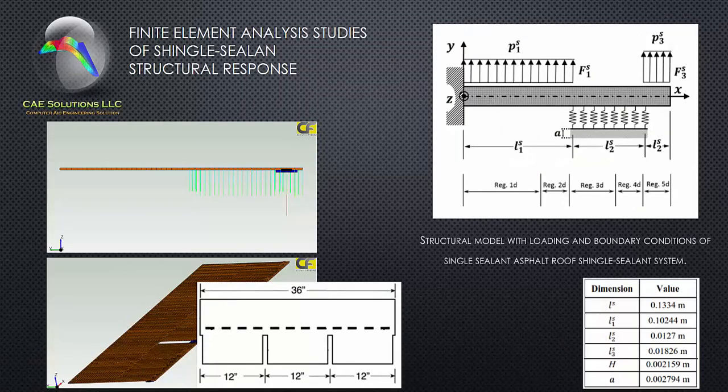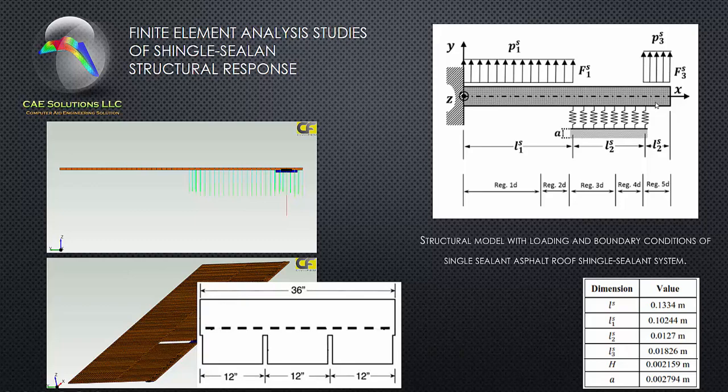Okay. Here we have the mechanical schematic of a one-layer asphalt roof shingle system. You can see here we will have two models. First, we will have this model with the sealant below in connection with our shingle.